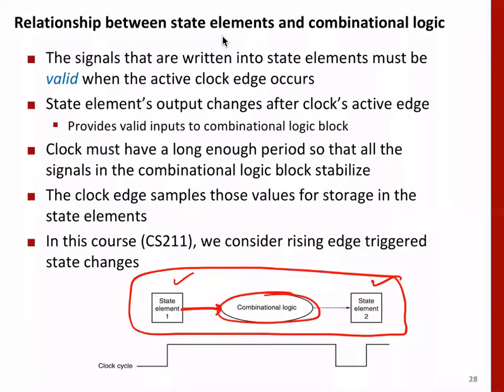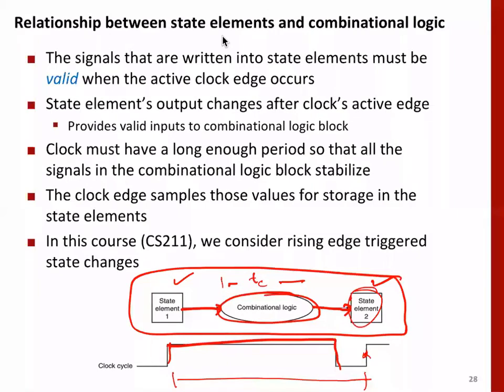This should take whatever time it takes, but should be enough that the computation is completed within the clock cycle. Then the output is available in the next state, and at the end of the cycle time we are going to write into the next state element.